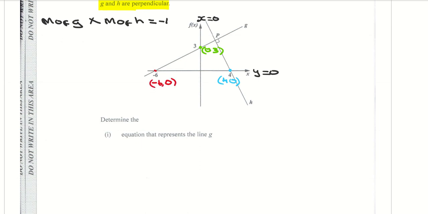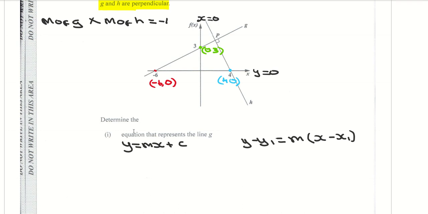So now from our diagram, we have listed out what you could find and what you can deduce from this reading. Determine part 1, the equation that represents the line G. We know an equation of a line is y equals mx plus c, or you could have used y minus y1 is equal to m times x minus x1.